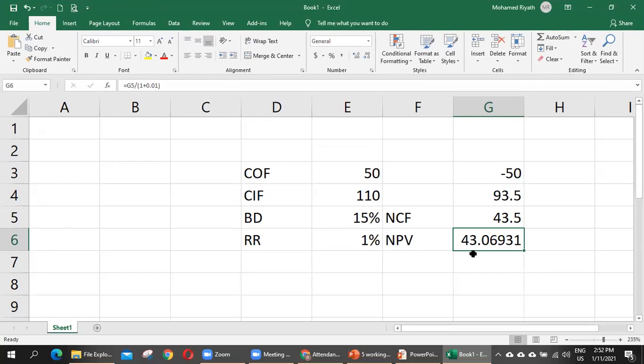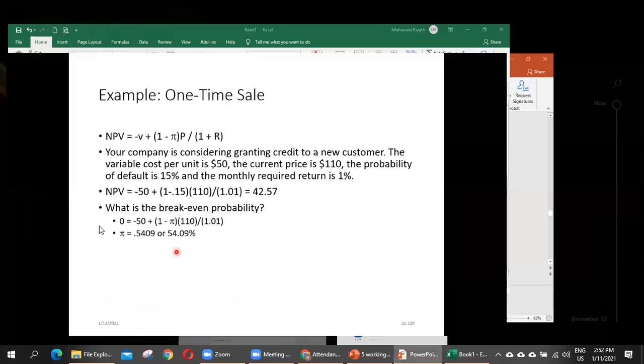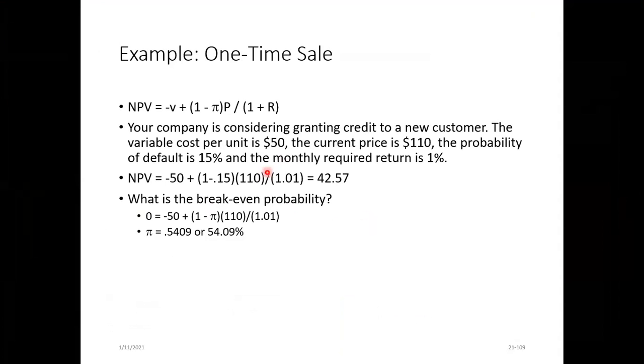What's wrong here? Anyhow, right? 1.15 divided by 1.01. Right. Let's see.